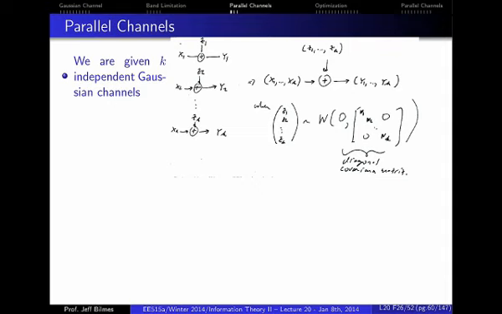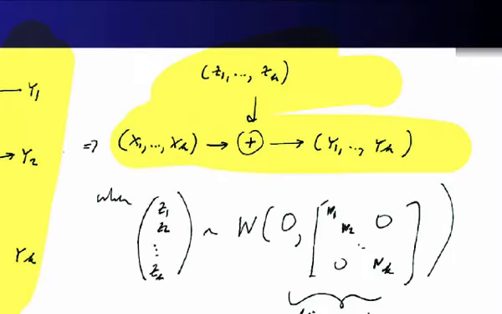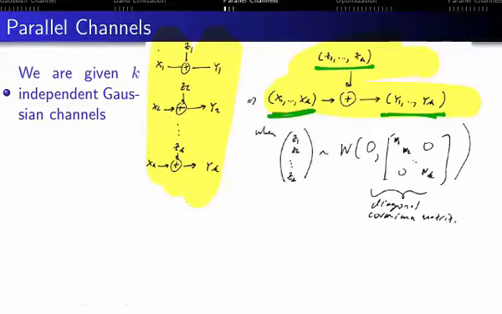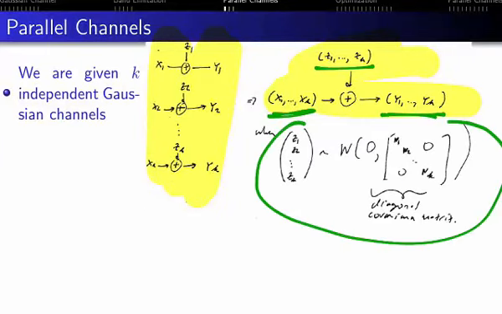Basically, we're given n independent Gaussian channels. So it's just basically a Gaussian channel repeated n times, and we can write it either in this fashion, where we have n independent Gaussian channels, or as one vector Gaussian channel, where the input is a vector, the noise is a vector, and the output is a vector, where the noise profile is characterized by this Gaussian.